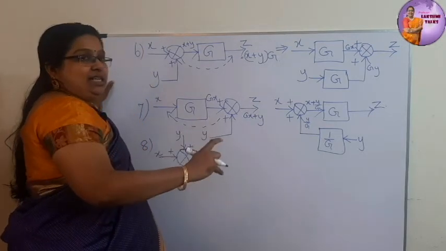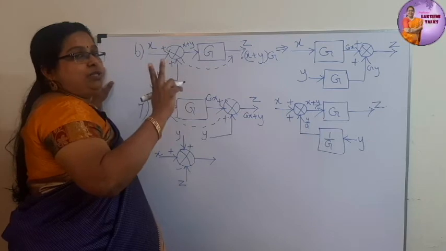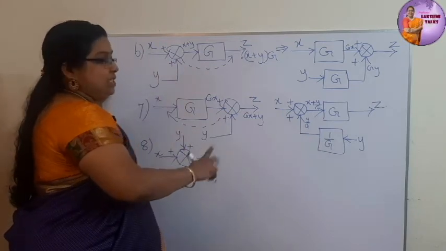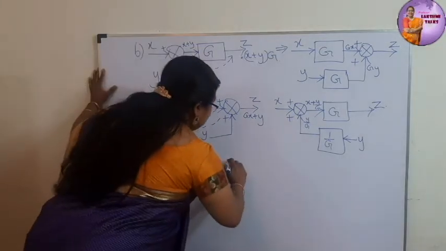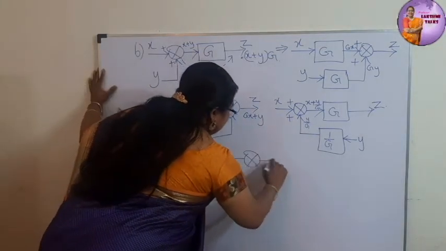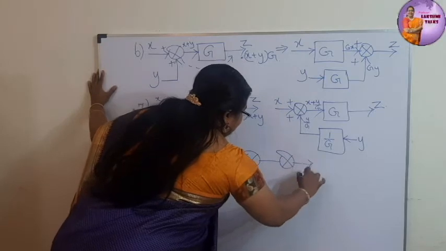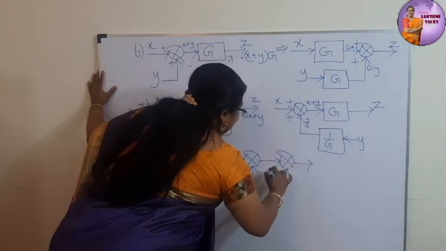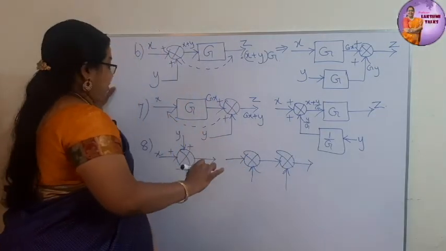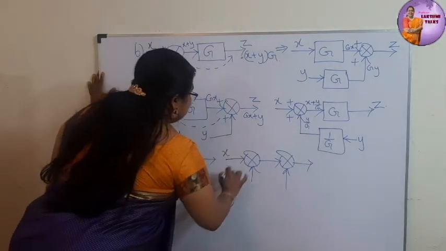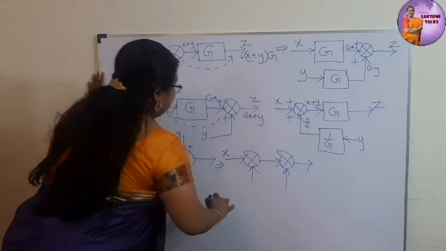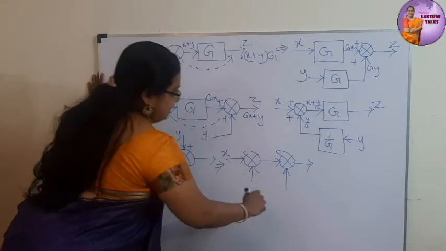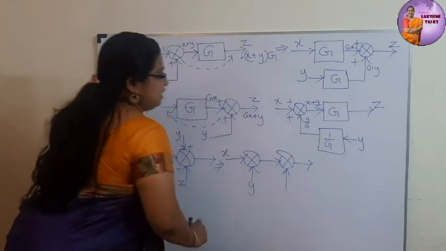Split this such that only 2 inputs are there in a summing point. So in that case, this will be split into 2 summing points, right? What you have to ensure is the sign while writing. Suppose this is X. Here you are splitting it. You can consider this as Y or Z, anything, so just consider this as Y.